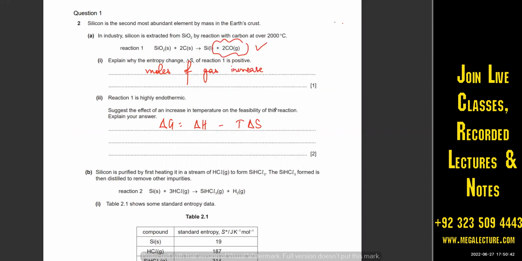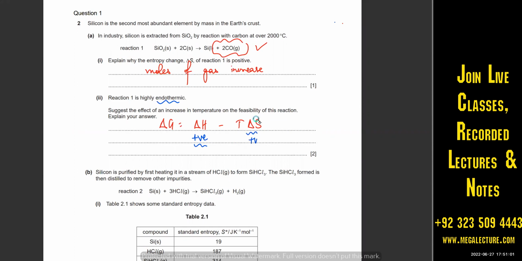That it's a highly endothermic reaction. So the first term is positive, right? So delta H is positive. That's the first term. And the second term is delta S, which is also positive. It's very positive.